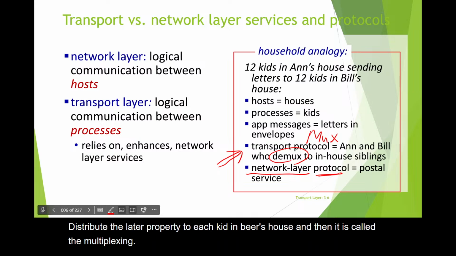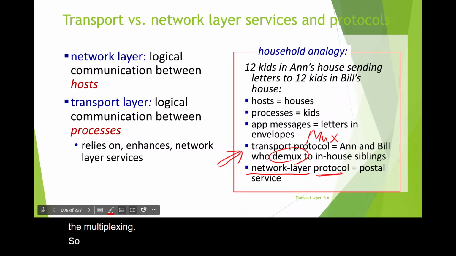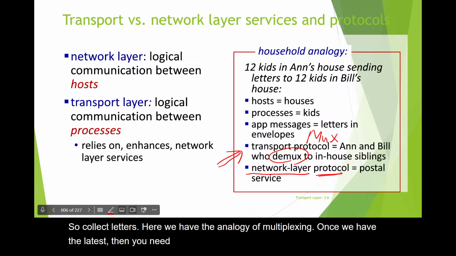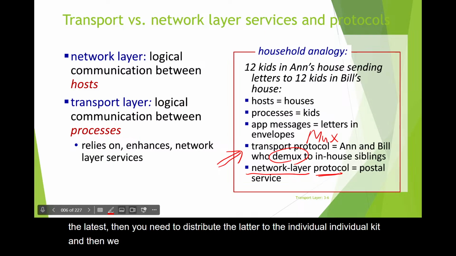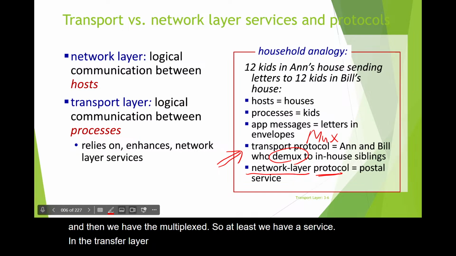So collecting letters is the analogy of multiplexing. Once we have the letters, you need to distribute them to the individual kids, and then we have demultiplexing. So at least we have services in the transport layer: multiplexing and demultiplexing.